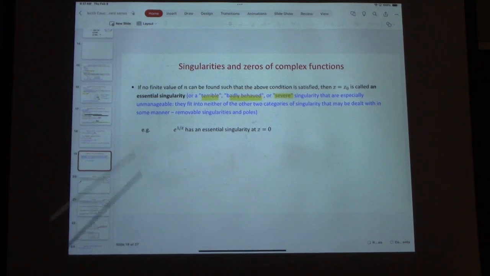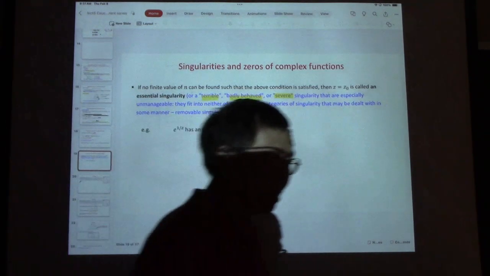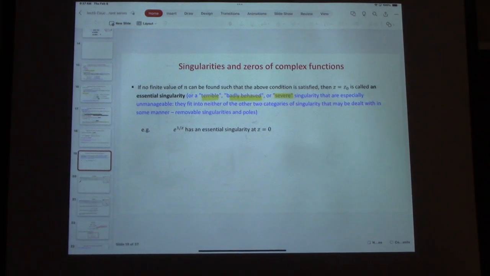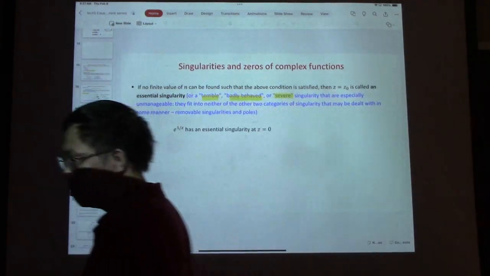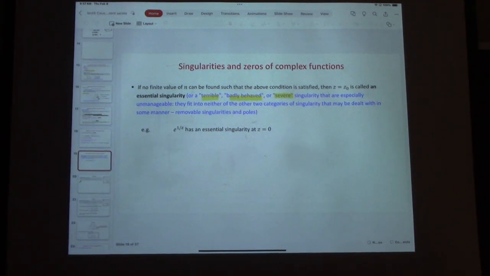Singularities, the other type is called essential singularity. This guy, e to 1 over z, if you expand that using a Taylor series, you can see it has this 1 over z term to power n, but the n never ends, goes to infinity. Then that's an essential singularity. You cannot remove it or cannot regulate it.